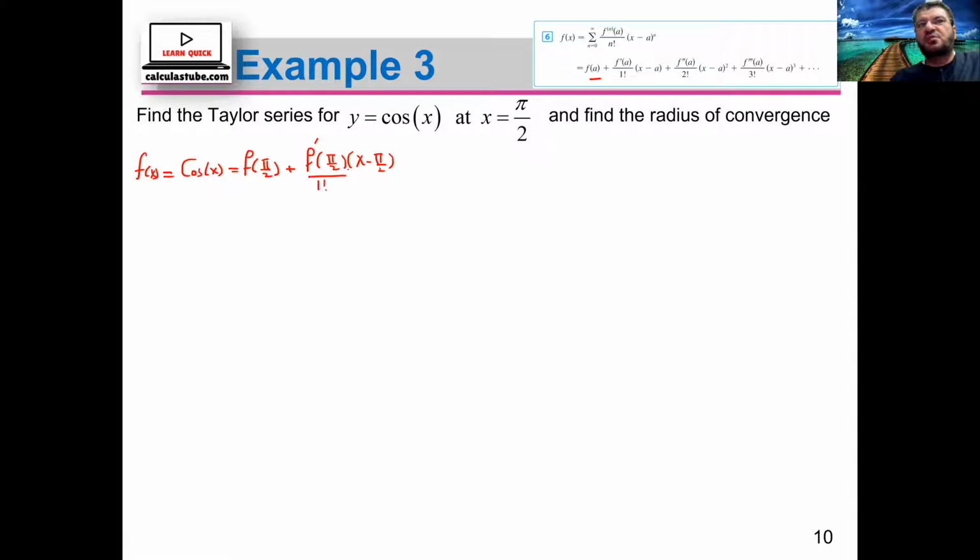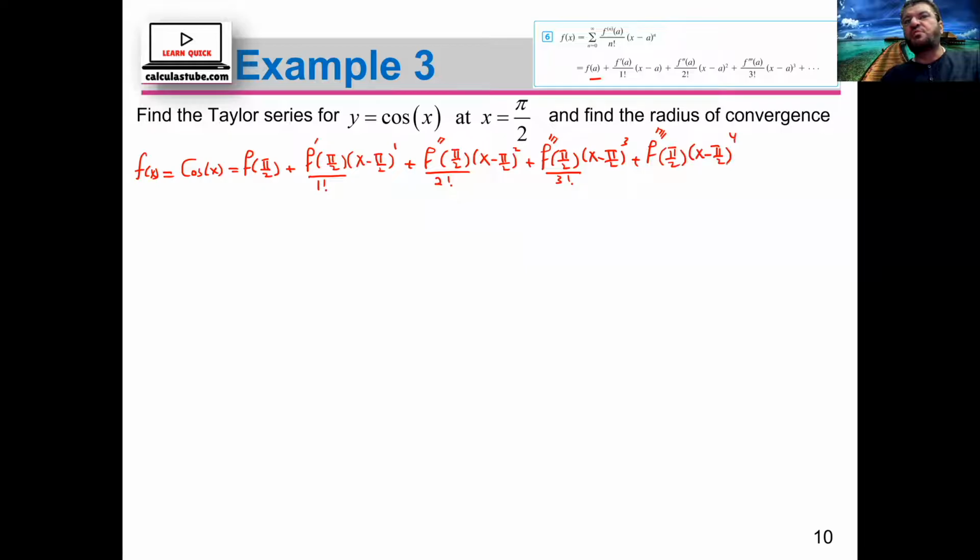So this is over 1 factorial, and the power here is 1, plus f double prime at pi over 2 times (x minus pi over 2) squared over 2 factorial, plus f triple prime at pi over 2 times (x minus pi over 2) cubed over 3 factorial, plus the fourth derivative now at pi over 2 times (x minus pi over 2) to the power 4 over 4 factorial, and we proceed.